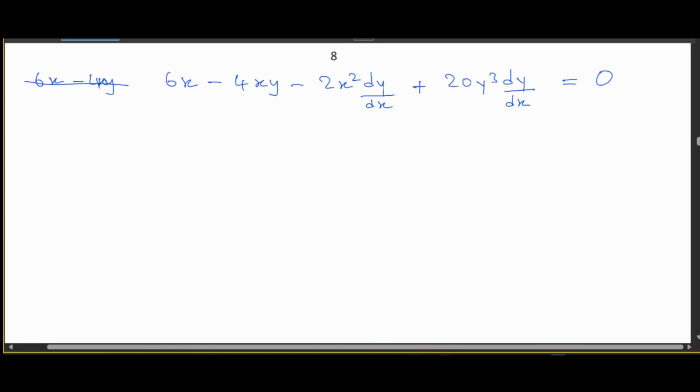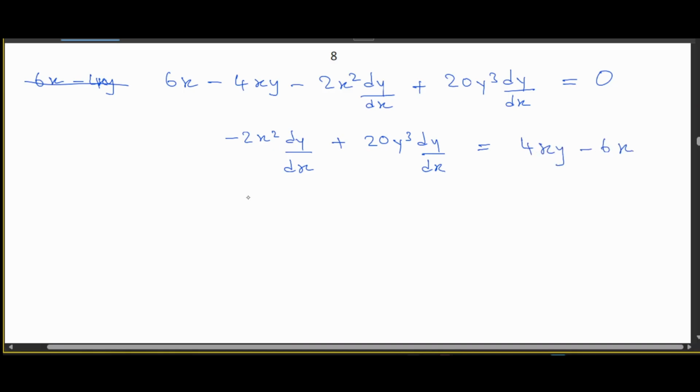Toda make dy dx subject of formula. So what we are going to do, tichaendesa 6x na minus 4xy kuside uku, kunoku tichasara tina minus 2x squared dy dx plus 20 y cubed dy dx is equal to 4xy minus 6x.